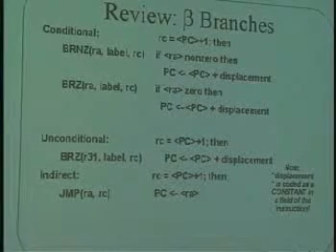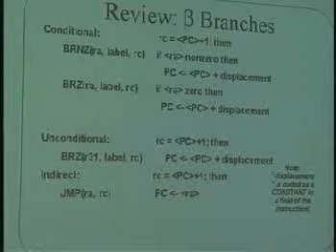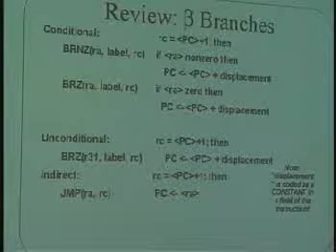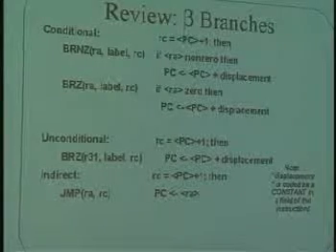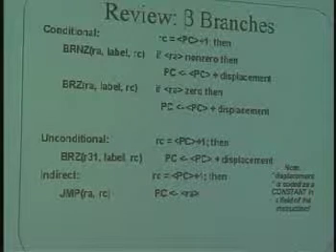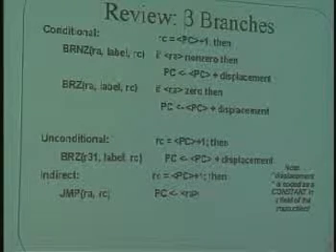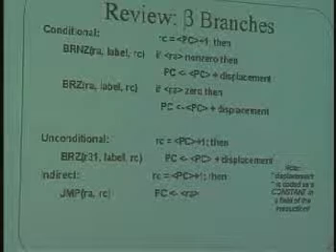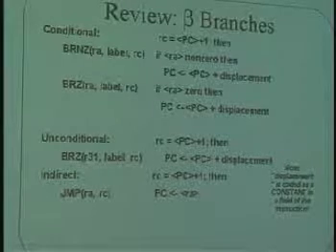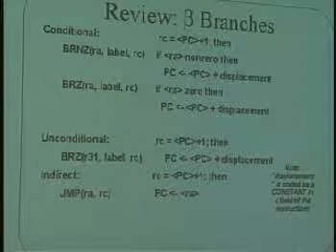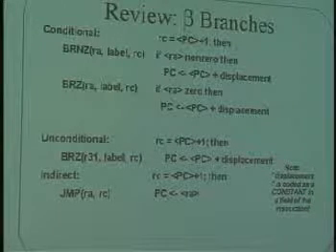In other words, we use the label that's in there as a displacement to the PC. Also, we do this thing where we save the next location to go to after the branch into the contents of register C. And if you remember, that's used for doing a subroutine call where we want to branch back, or jump back, to wherever we came from.